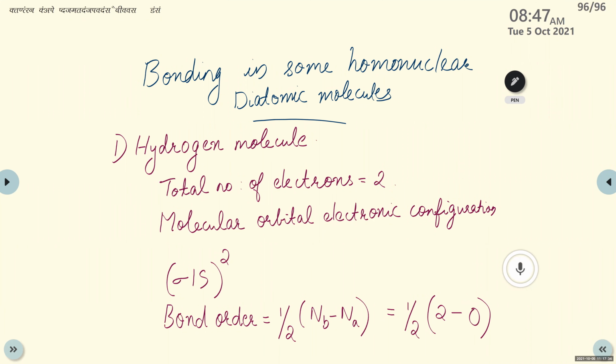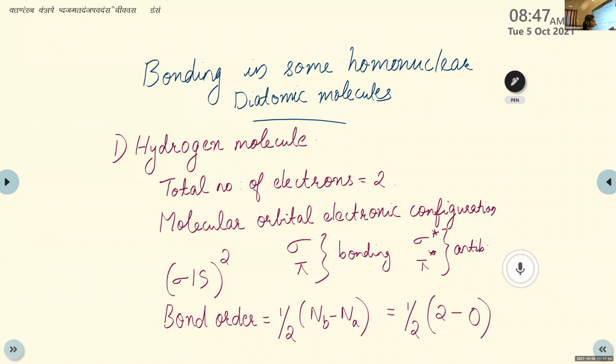How can we distinguish bonding molecular orbital and anti-bonding? If it is sigma or pi, these two are bonding molecular orbitals. If it is sigma star or pi star, these are anti-bonding molecular orbitals.